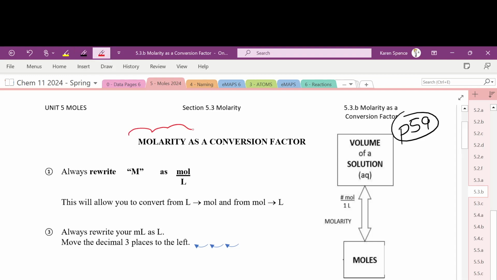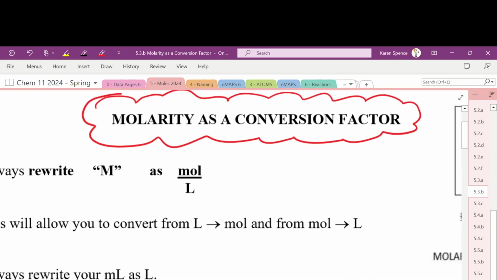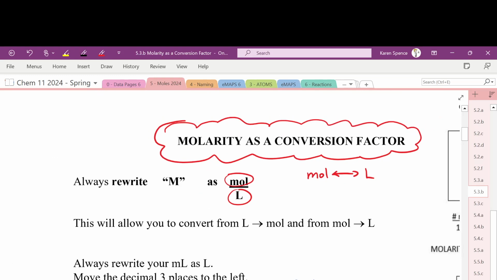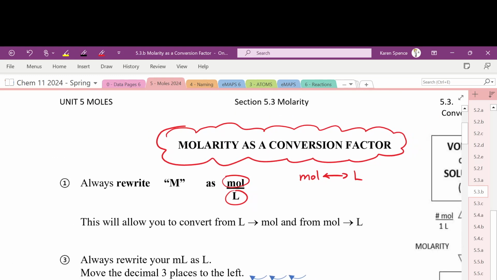We're going to use molarity as a conversion factor. It'll allow us to convert between moles and liters. So now we have a fifth conversion factor, but that fifth conversion factor will not be on tomorrow's quiz. So no molarity on tomorrow's quiz.